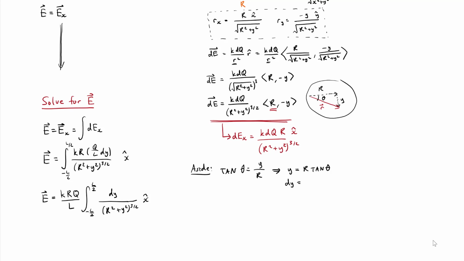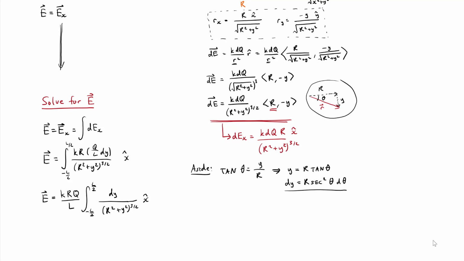So if I take the derivative, once again, remember I'm using one of the tricks that we've done in previous calculus courses. So we're doing a substitution. So we take the derivative, and the derivative is going to be R secant squared theta d theta.